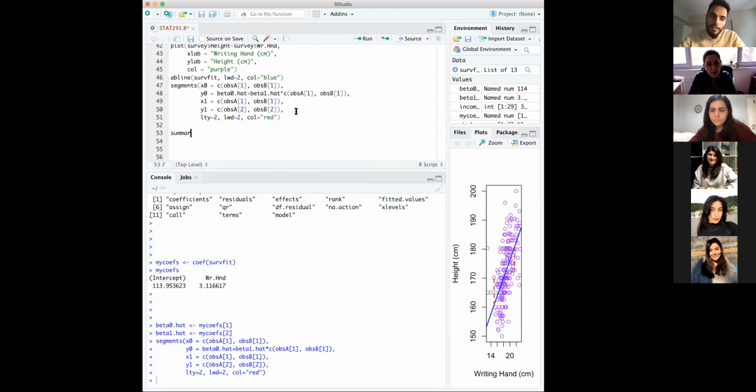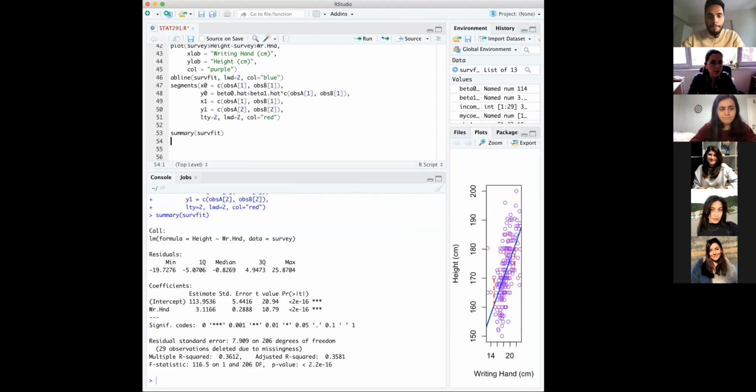And you can just write summary of your surveyfit, and you will see that it's just supplying some summary for your model. And this is your model. It's just giving some statistics for your residuals. And you have some coefficient estimations.